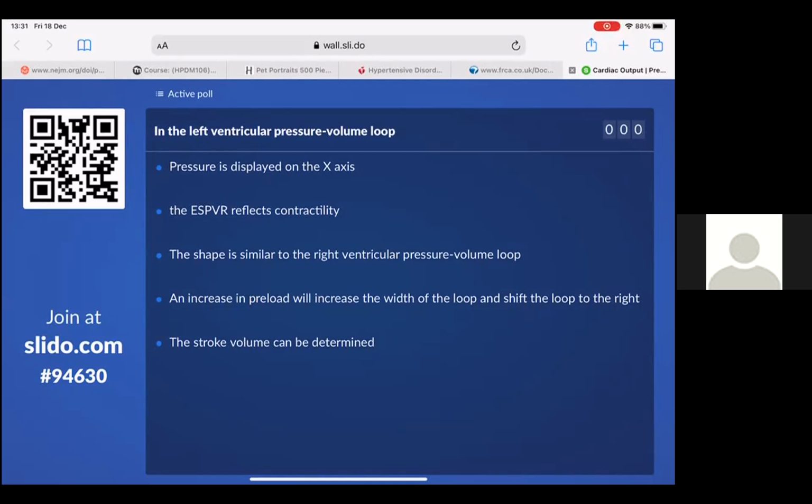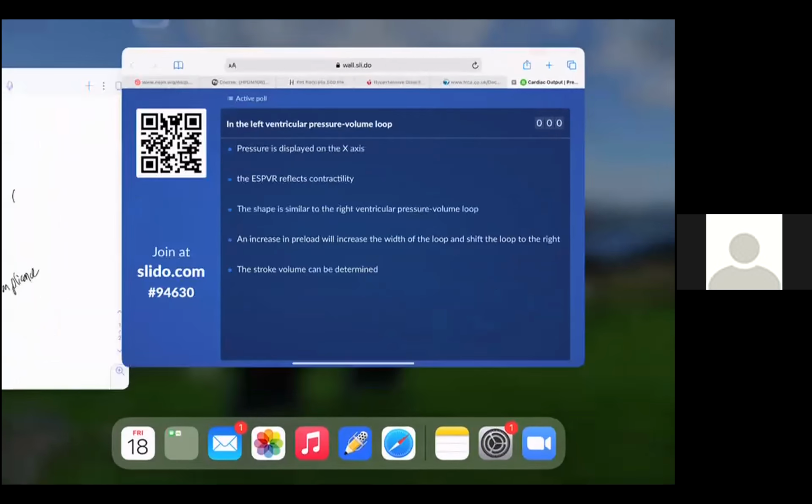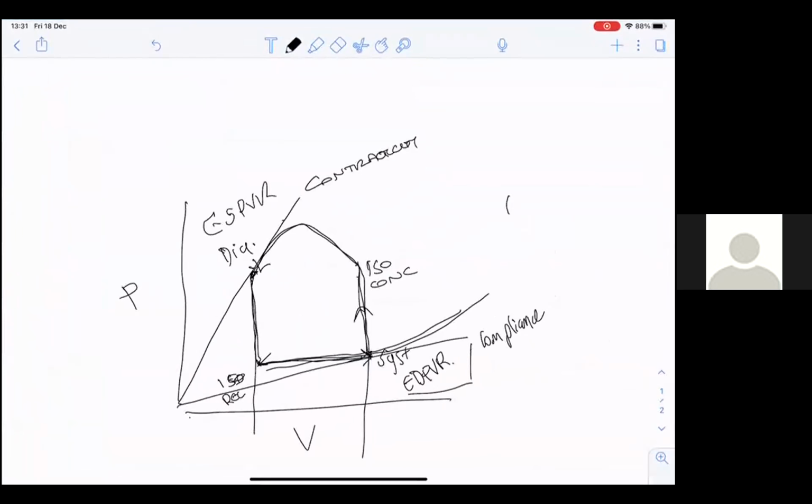Good. And it would shift to the right because you're starting with the larger volumes. Exactly. The stroke volume would be determined. Yes. You should tell them three things. Okay. Exactly. Perfect. So you do know.